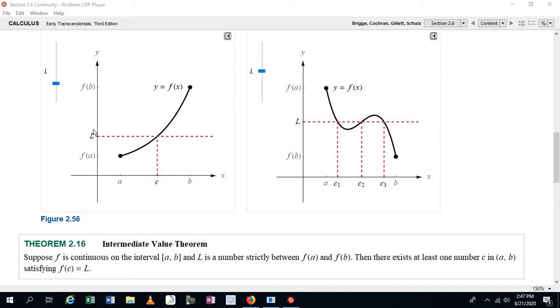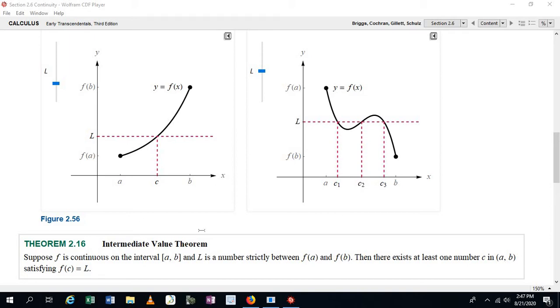The second condition is that we must pick a number strictly between f of a and f of b. So a is here, so f of a would be there. B is here, so f of b would be up here. So we just need to pick some number strictly between f of a and f of b. So let's say we pick this number L here, which is strictly between f of a and f of b.